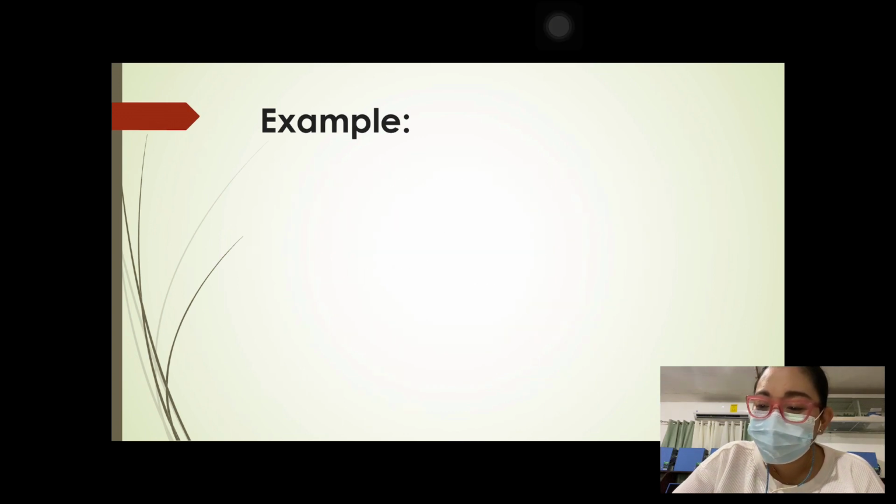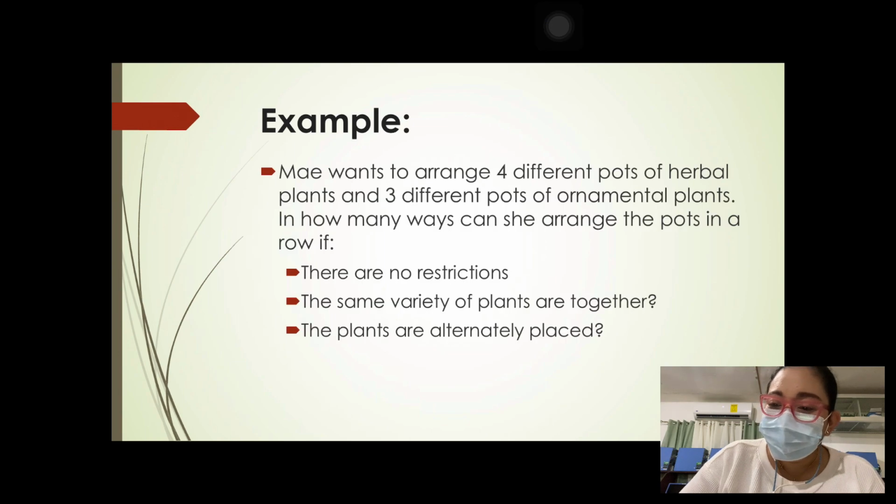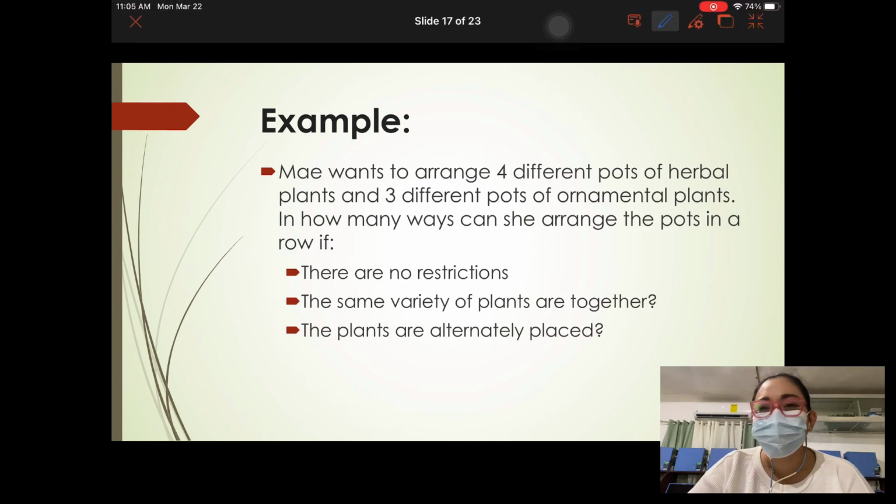Now, let's have another example. So, dahil uso ang mga plantito at plantita, ganito na naman ang ating example, no? May wants to rearrange 4 different pots of herbal plants and 3 different pots of ornamental plants. So, may dalawa siyang klaseng plants. Meron siyang herbal at saka ornamental.